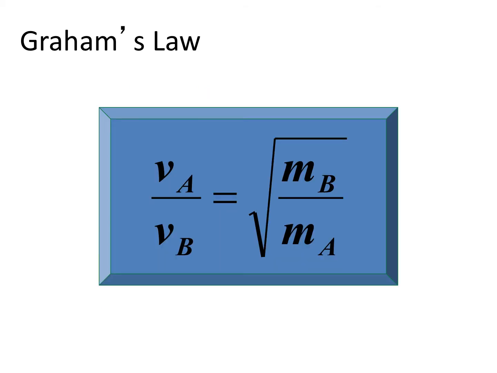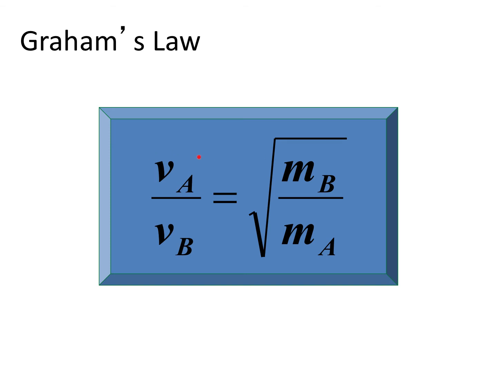So what we have here is the basic form of Graham's law. We have the relationship between the velocities, or speeds, or rates of two different gases being equal to the square root of their masses, as you see here. A couple of things I want to point out.